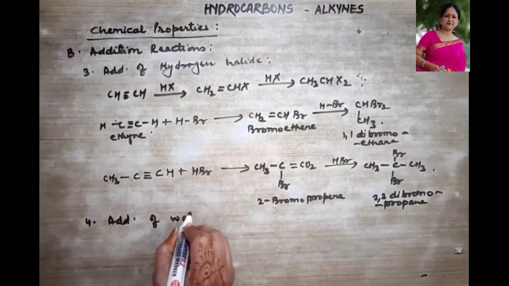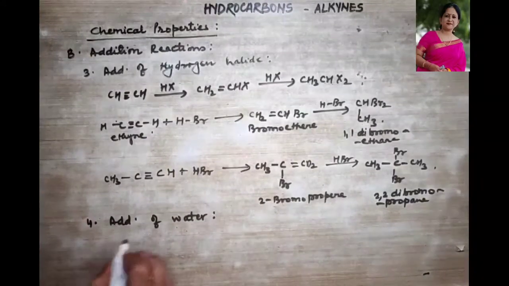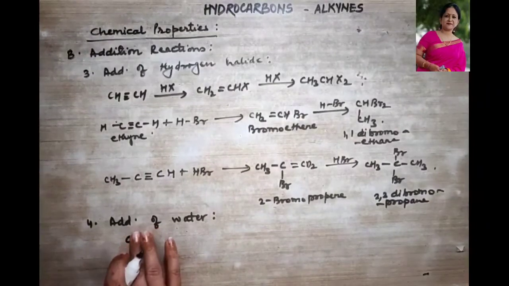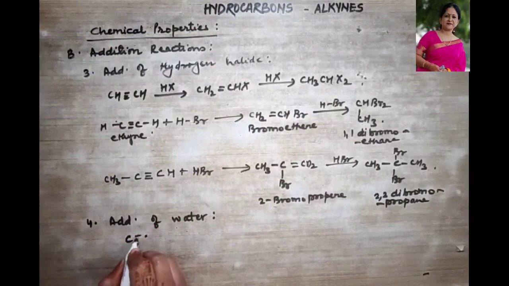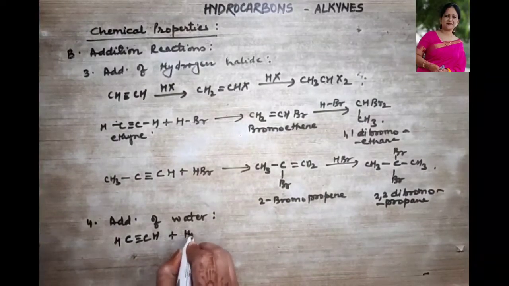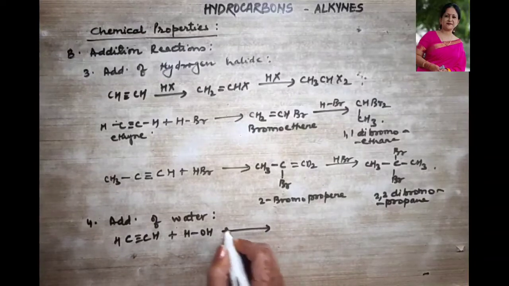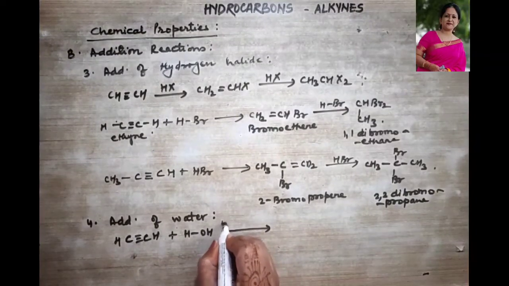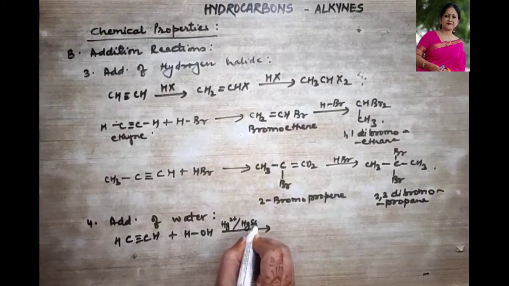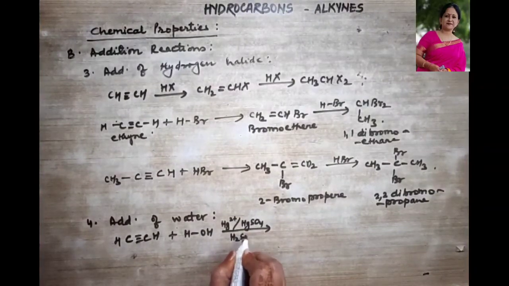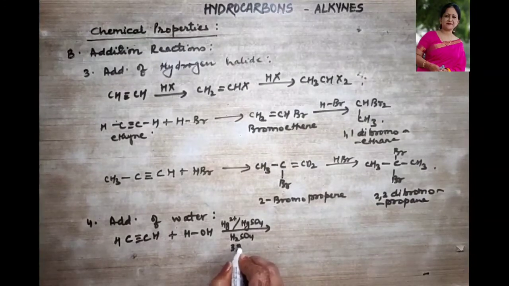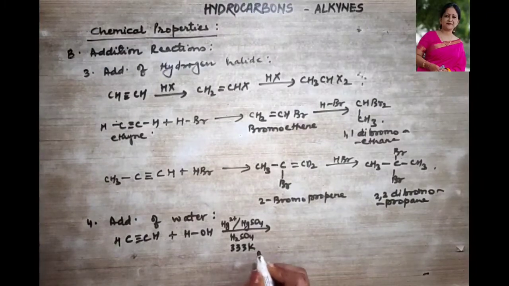Addition of water. So let us see it with ethyne. That is C triple bond H, right? When treated with water. Now this reaction takes place in the presence of mercury sulfate and H2SO4, right? And the temperature to be maintained is 333 Kelvin.